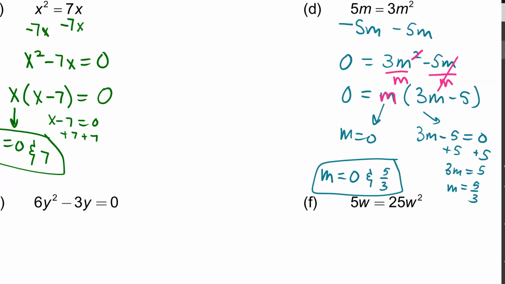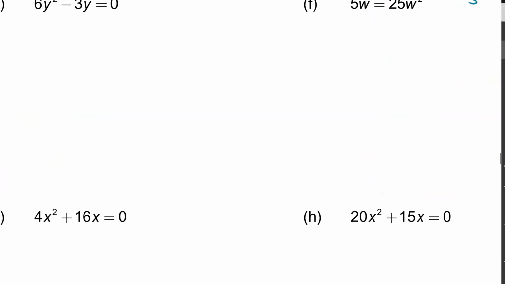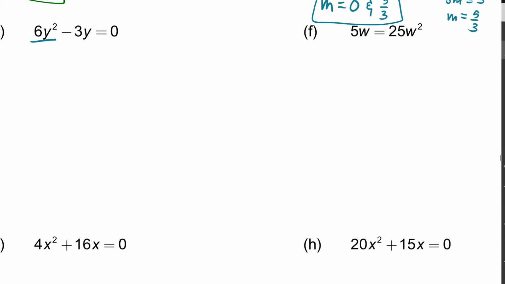Okay, let's try it out. If you haven't already, I think you can do E. Greatest common factor, 3y. You just did 2y minus 1?